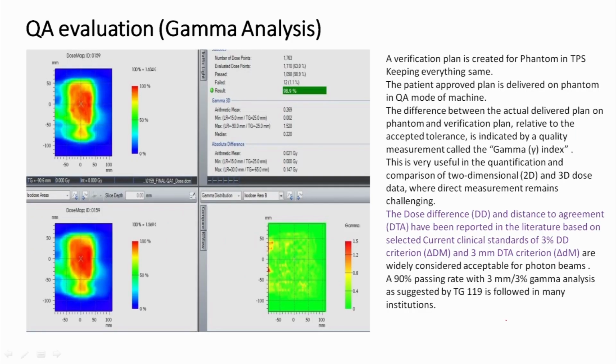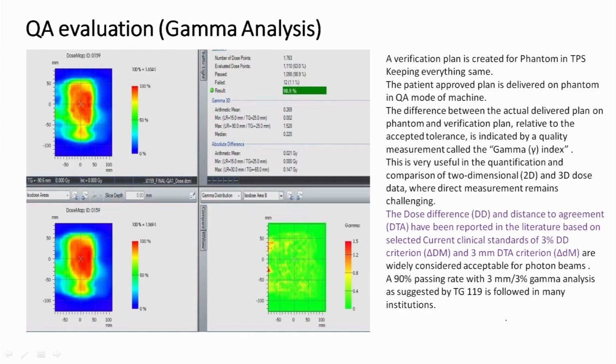So what happens in patient specific quality assurance? For understanding this test, we need to understand that when a patient plan has been approved by a radiation oncologist in the treatment planning system and it is ready for treatment, we need to create a quality assurance plan keeping the same parameters of the existing plan.